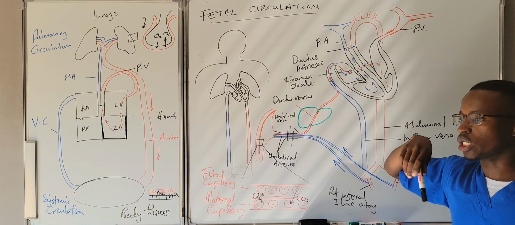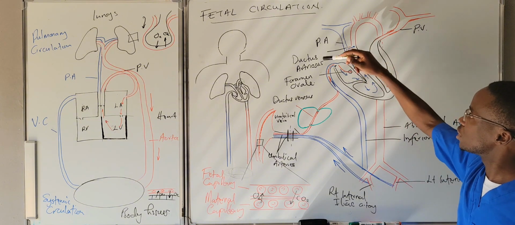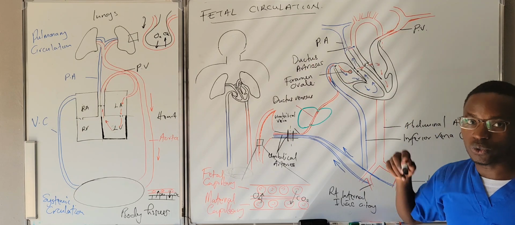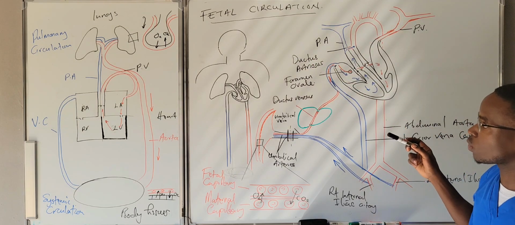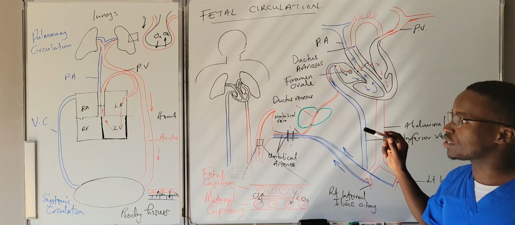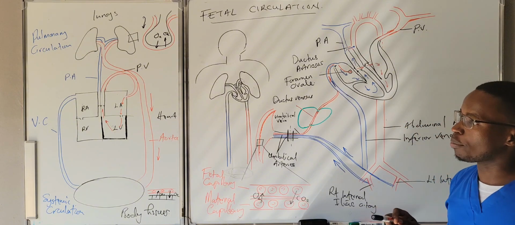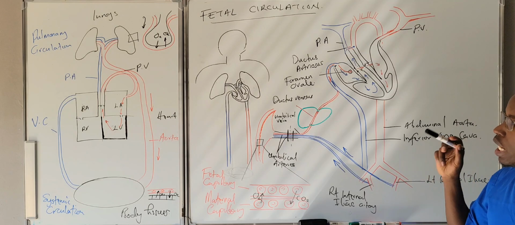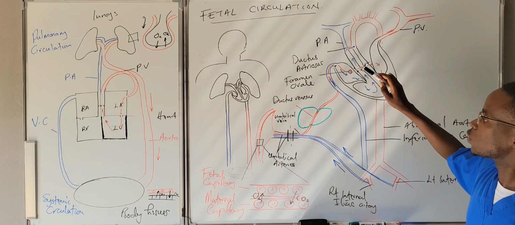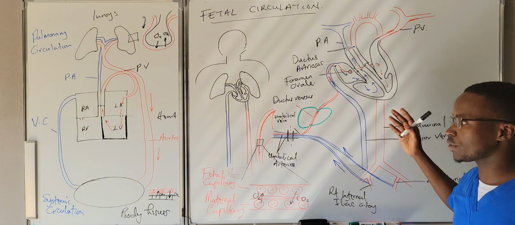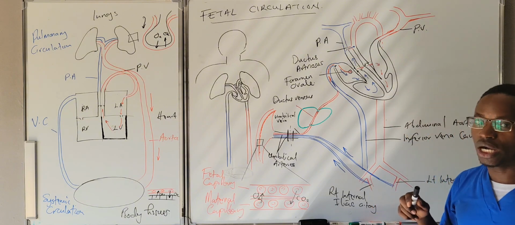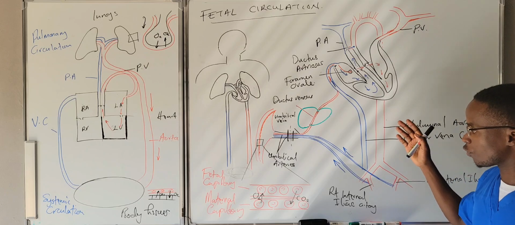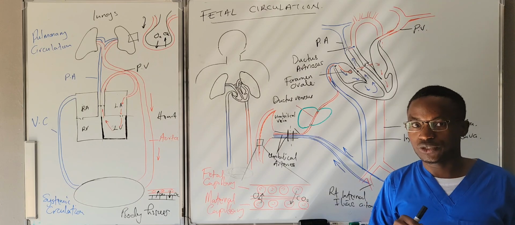But within about weeks or months, this ductus arteriosus is going to completely close, unless it persists, in which case we have what is called a patent ductus arteriosus, which is a congenital abnormality. Right, so this is fetal circulation. I hope you have understood something. I hope you got something from these concepts that we have tried to explain.